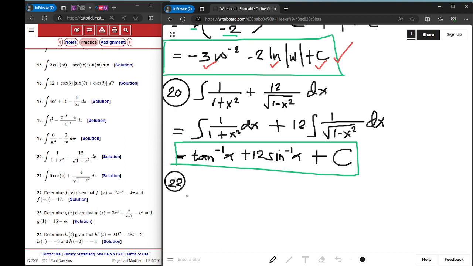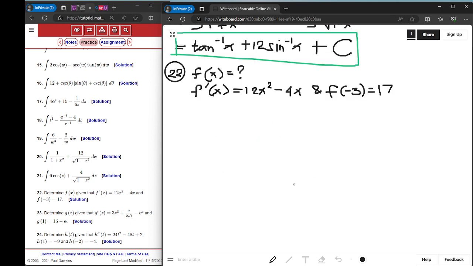That is, find f of x if f prime of x is equal to 12x squared minus 4x and f of negative 3, that means when x is equal to negative 3, it's equal to 17. First, let's find f of x using f prime of x.